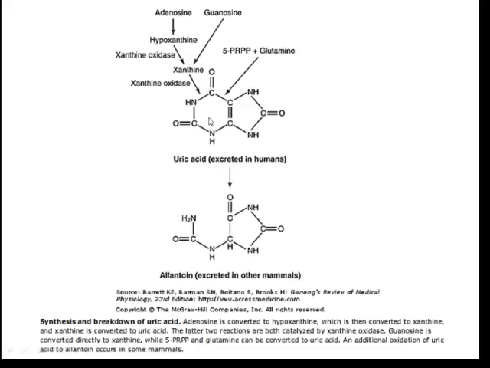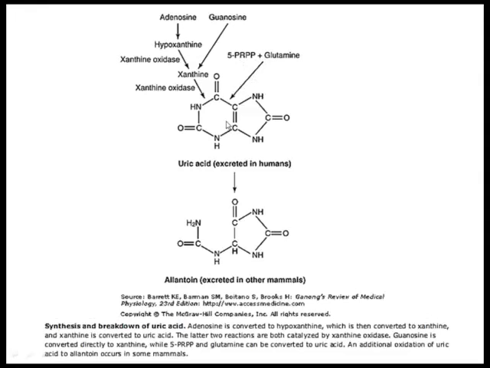Guanosine is converted directly to xanthine. It's clear here in this image. Also, a reaction between glutamine and 5-PRPP is converted directly to uric acid, and then this uric acid is excreted in humans.